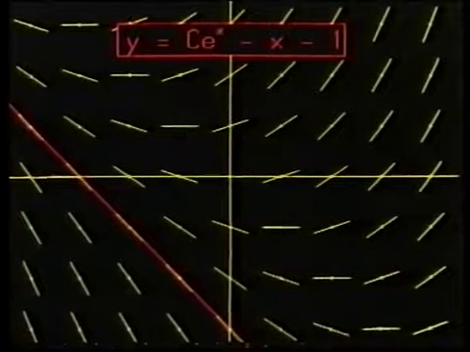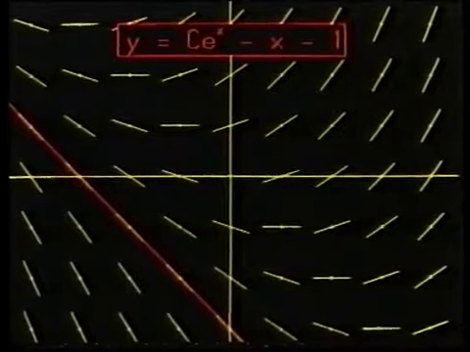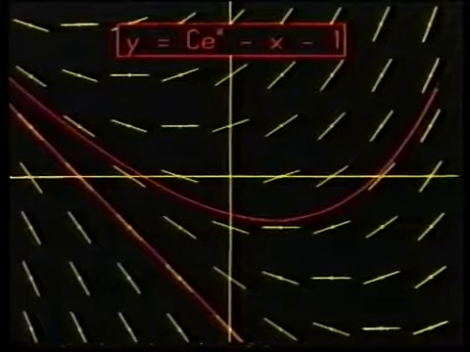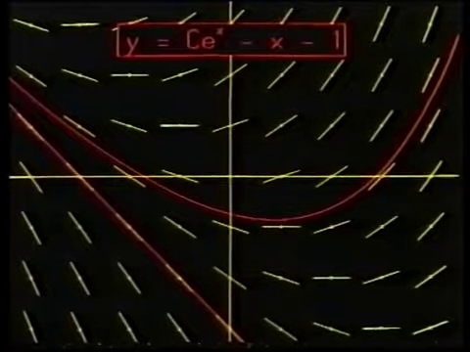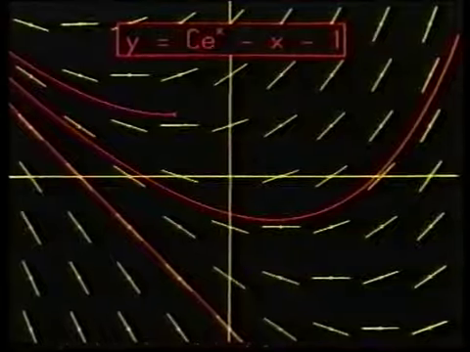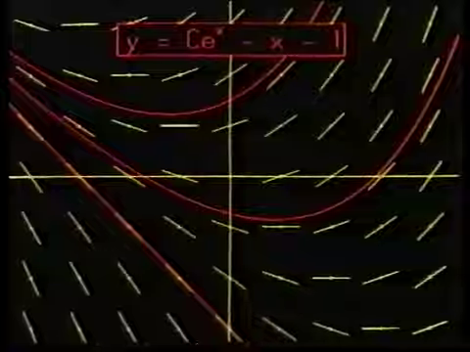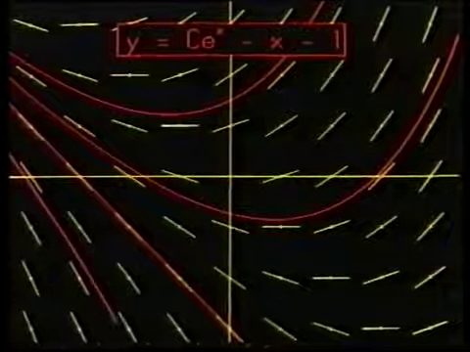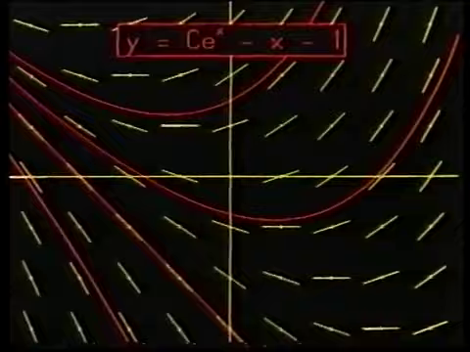If c is positive, we'll be adding a multiple of e to the x. For negative values of c, we'll be subtracting e to the x.